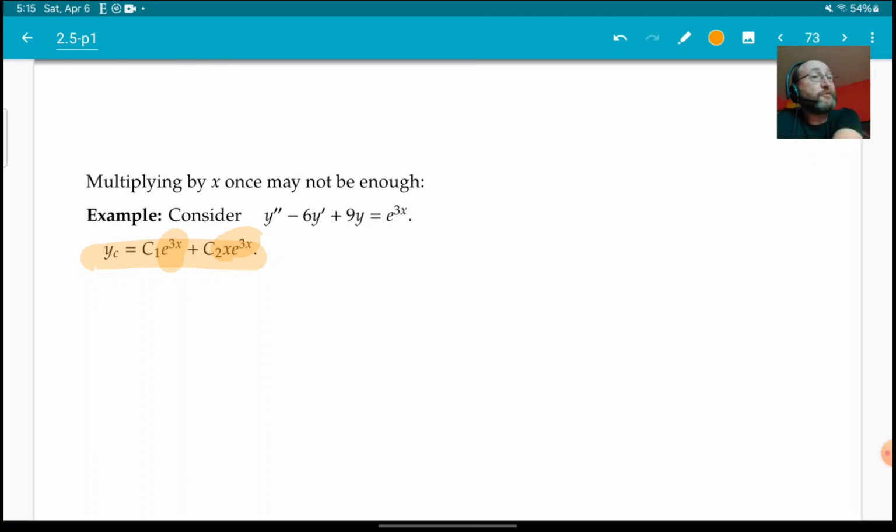That's going to also get eaten by the left-hand side, because that's how we dealt with doubled roots. We're going to get a double root 3, so we get e to the 3x and x e to the 3x.